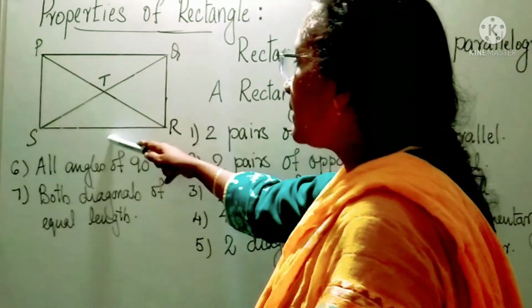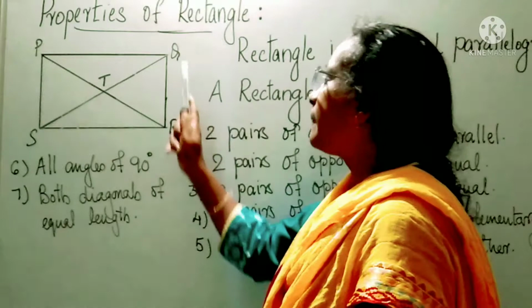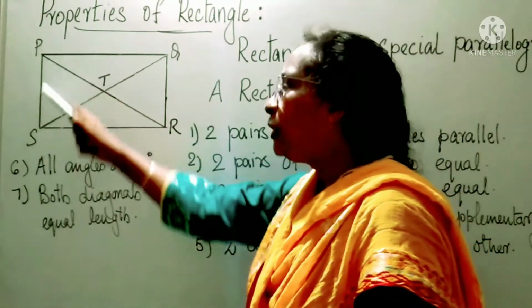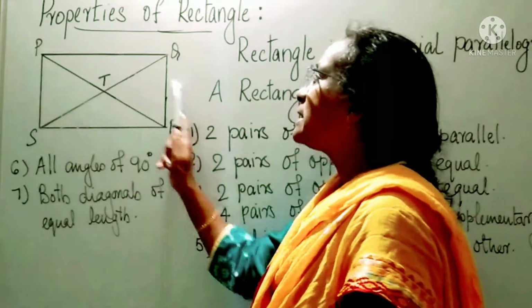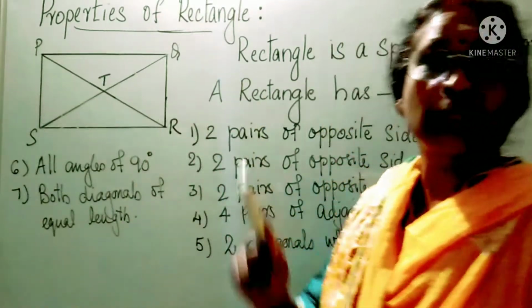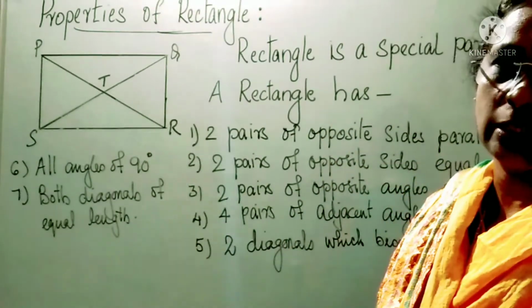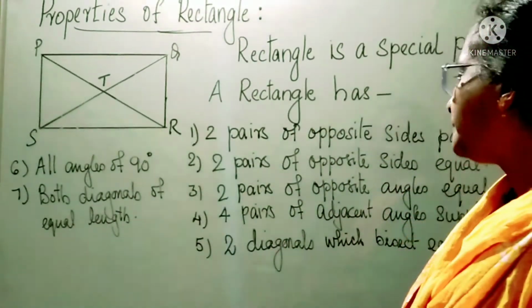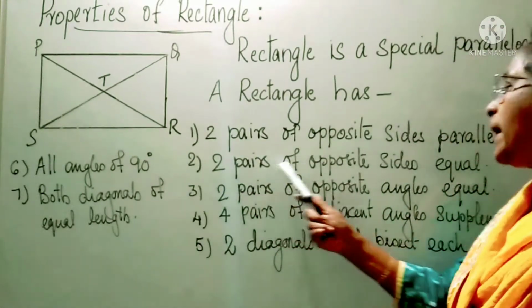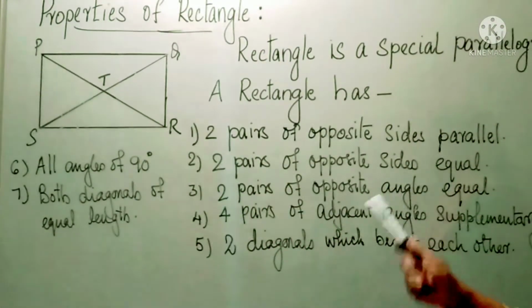This side is parallel to this side. PQ is parallel to PS. So both pairs of opposite sides are parallel.